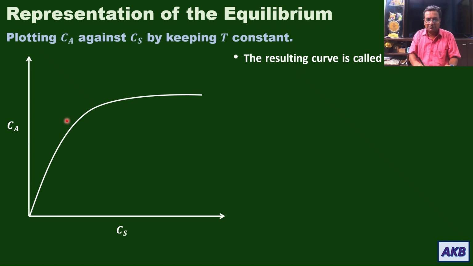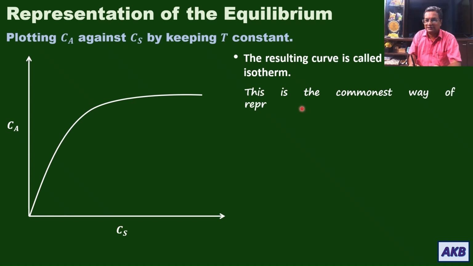Now the resulting curve, in this case, is called the adsorption isotherm. When you plot the equilibrium data at constant temperature, you get a curve, and this curve is nothing but the adsorption isotherm. This is the commonest and most famous way of representing adsorption equilibrium.